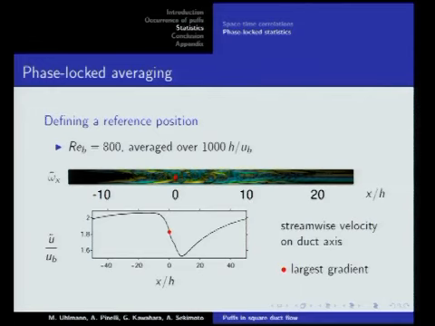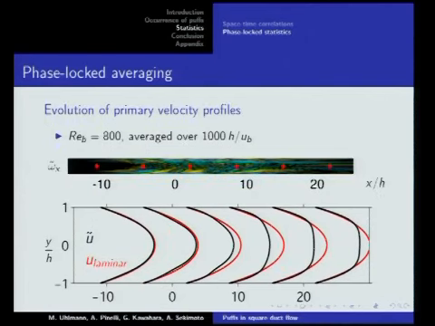We take the largest gradient of this velocity on the axis to define some origin of our coordinate system attached to the puff. Other authors have used the trailing edge, which would be somewhere here, but it's perhaps more difficult to define. So that also means that fluid is constantly moving from the back through the puff, transitioning and then relaminarizing, because it's faster than the motion of the puff itself.